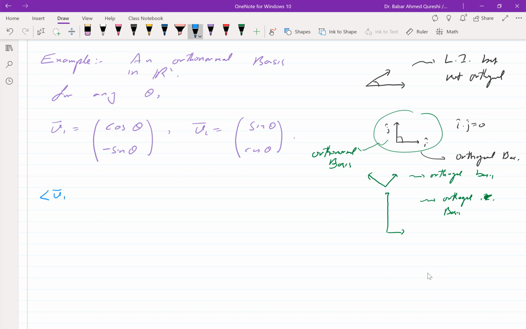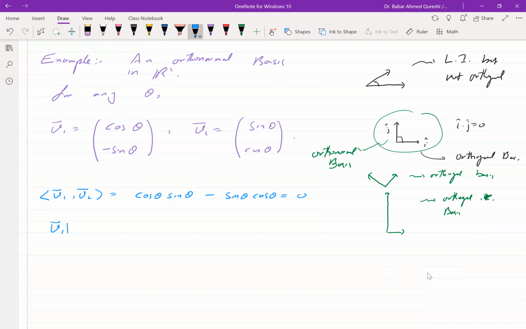Then these vectors are actually orthogonal, because if I compute the scalar product, what do I get? Cosine theta, multiply the corresponding components and add. This is 0.